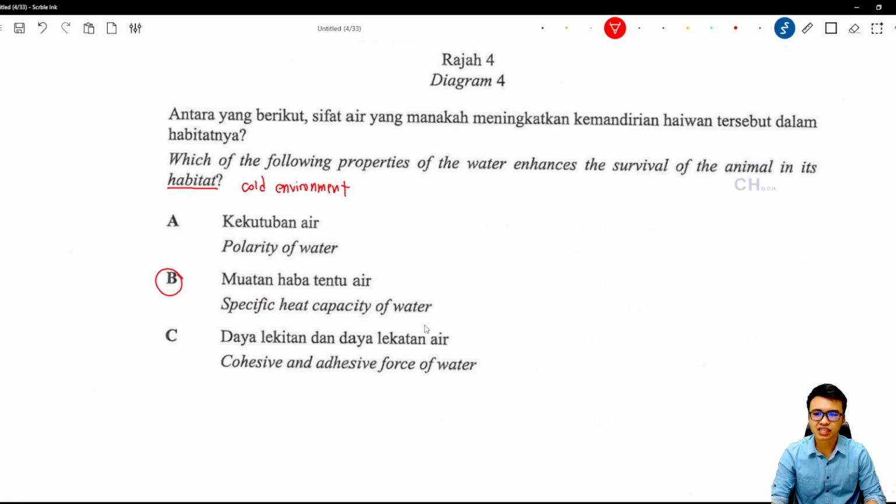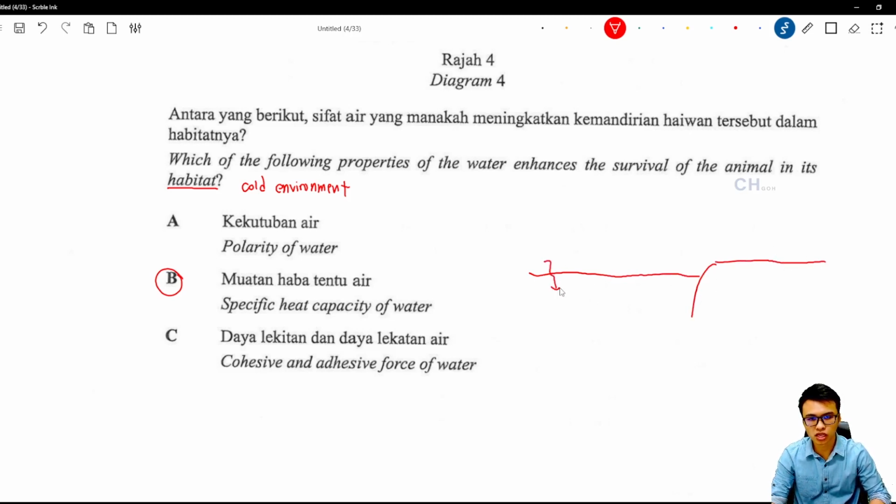Now, why is the answer specific heat capacity of water? Because as you have learned in physics, water has a very high specific heat capacity. Which means that the water will only increase 1 degree Celsius with a lot of heat being absorbed.